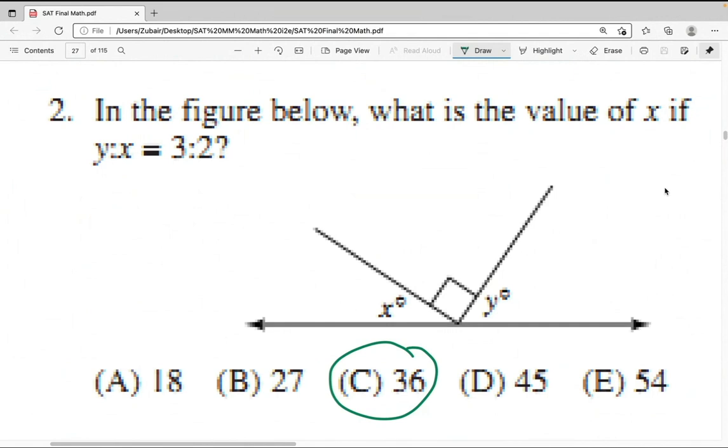Sir, can you explain why it would be 36? In the figure below, what is the value of x? Clearly, do you see that x plus y is going to be 90? Yes, sir. So we are going to split that 90 into x and y. And I can see that x is actually 2 out of 5 of 90.